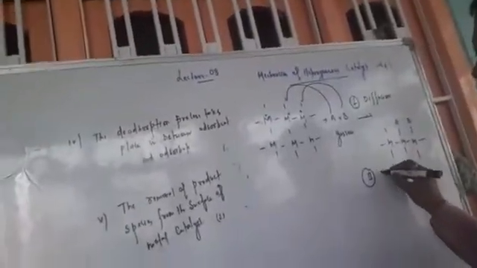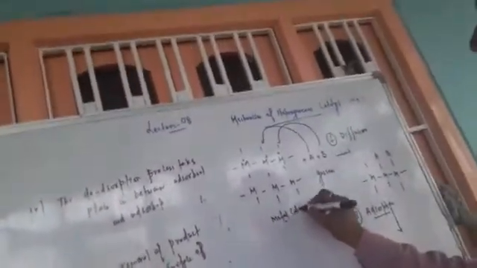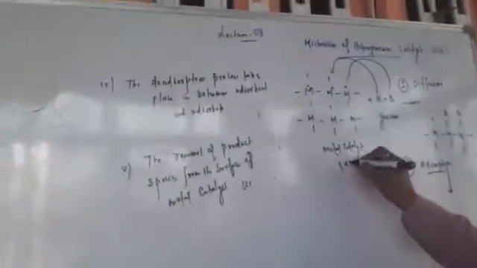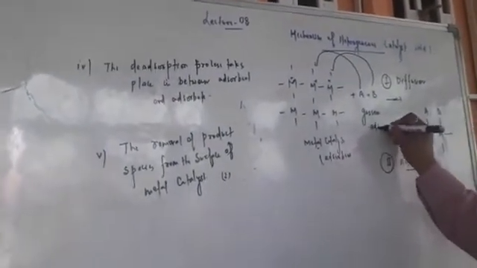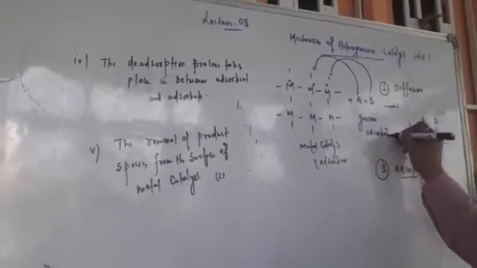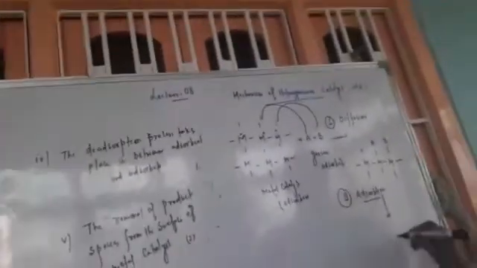After diffusion, an adsorption process takes place between the adsorbent, this is the metal catalyst, and this is the adsorbate. Adsorption takes place.